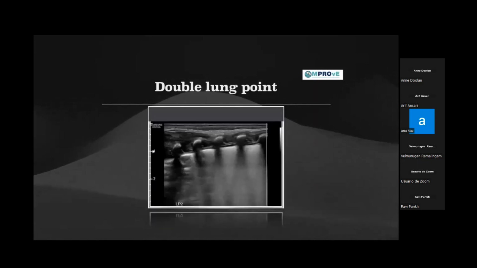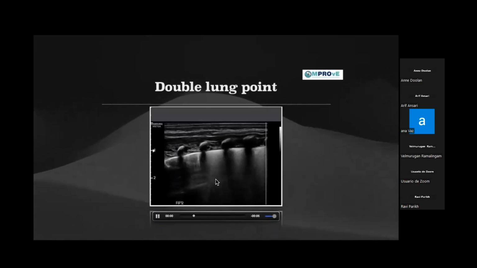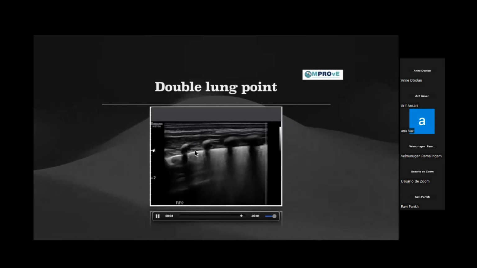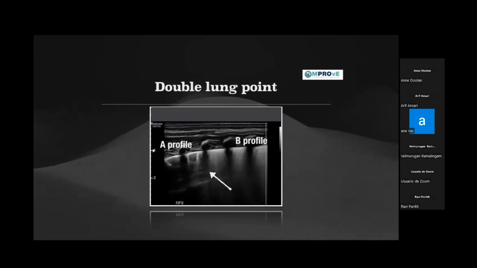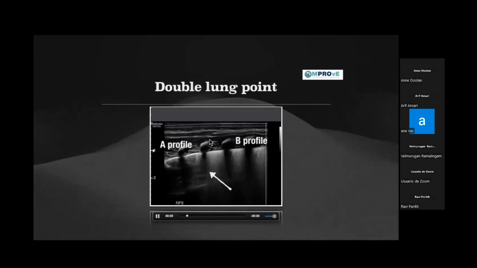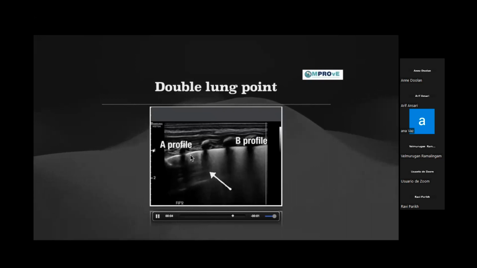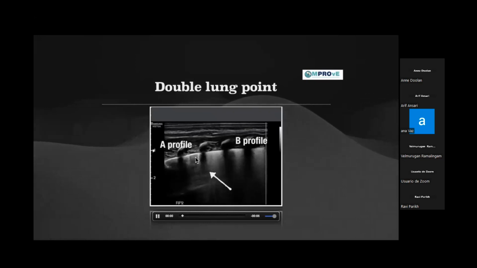Again, don't lose the systematic approach. So always go by your batwing sign. You can see the batwing sign with the ribs shadowing. Is there a pleural line? Yes, nice and discrete here, a bit of smudged appearance. And then we do see A lines.